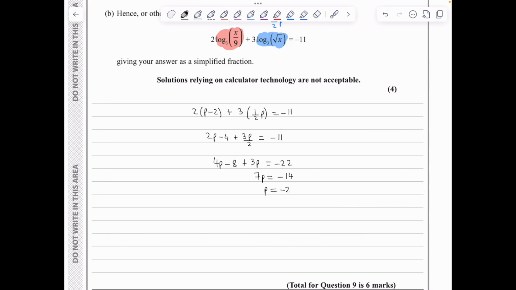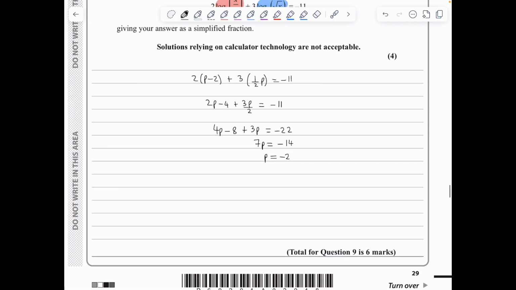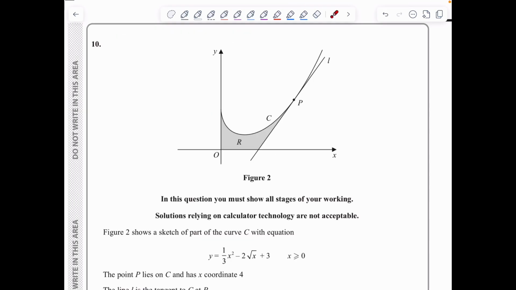Now remember, we're trying to find the value for x. We know that p is log of x base 3. So log of x base 3 is negative 2, which means that x is 3 to the negative 2, which is 1 over 9.